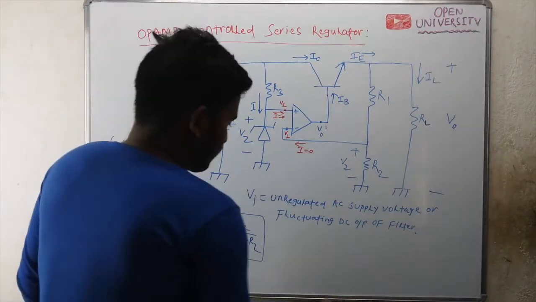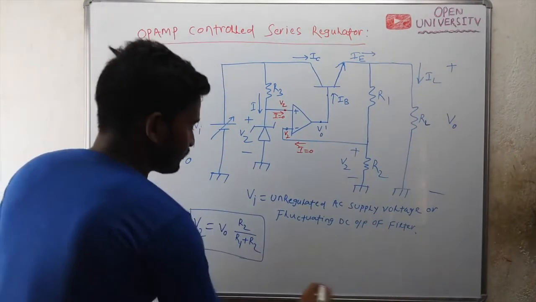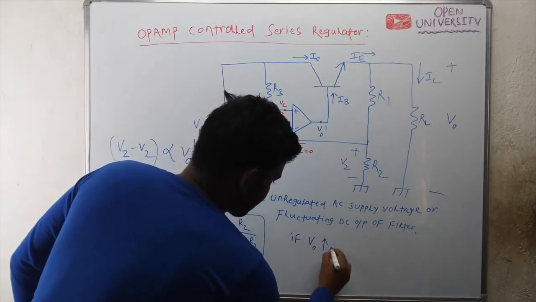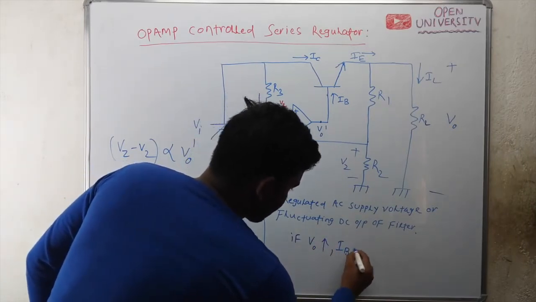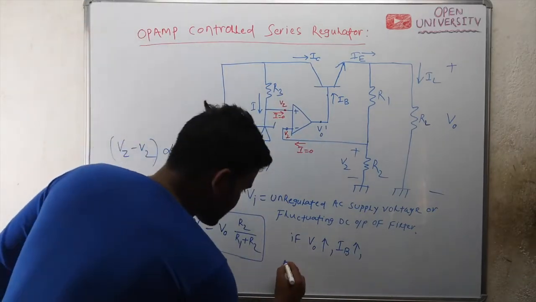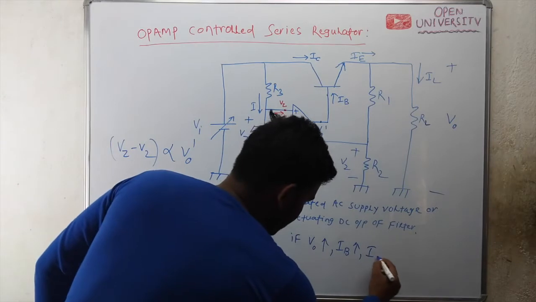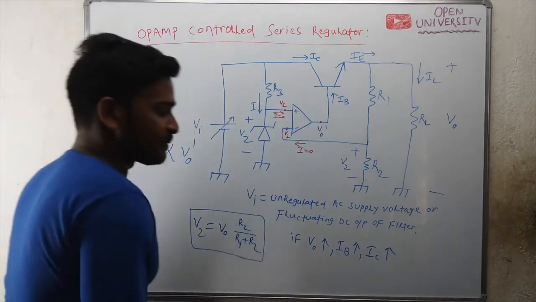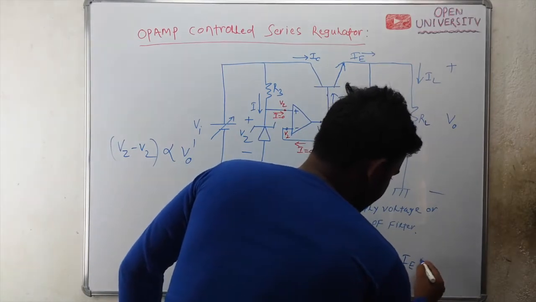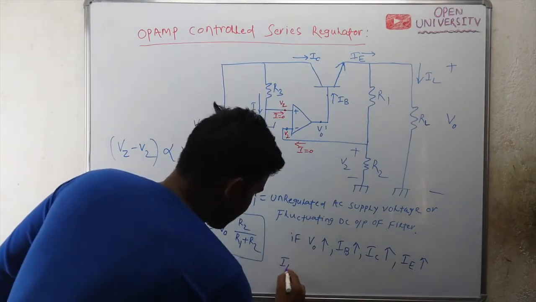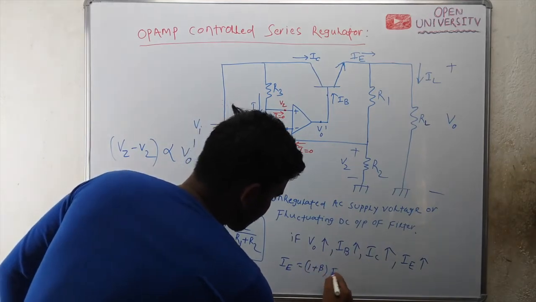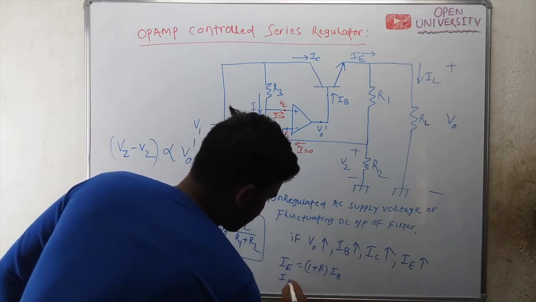How? See, if V0 increases, then what will happen? IB will increase. If IB increases, then IC also increases, because IC equals beta times IB, and IE also increases, because IE equals 1 plus beta times IB.